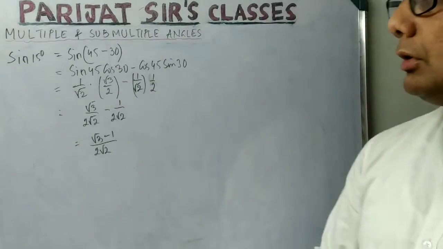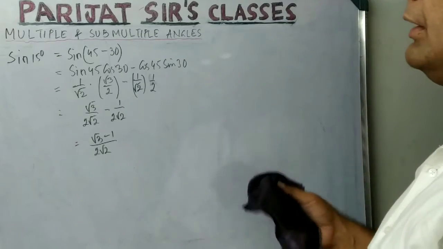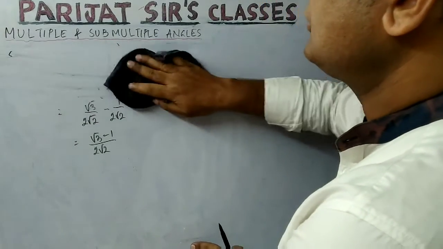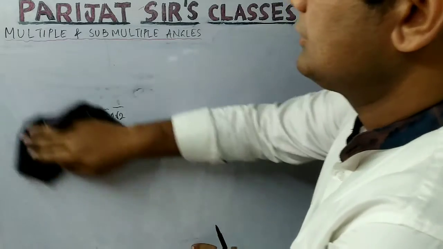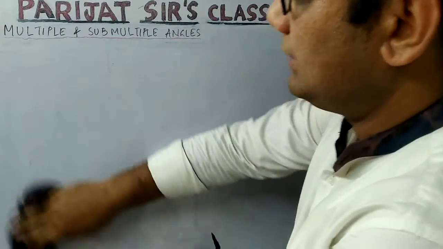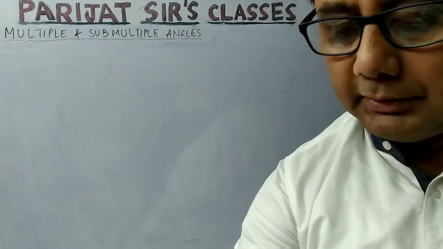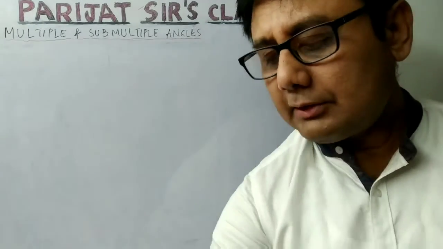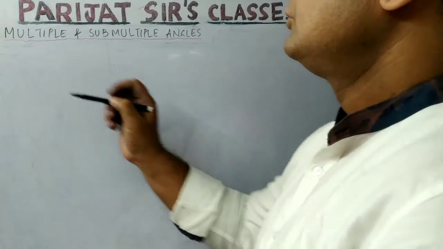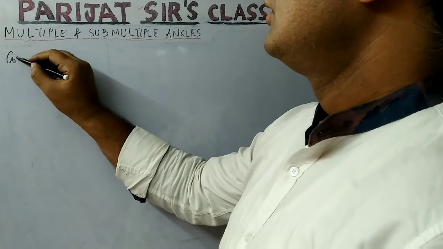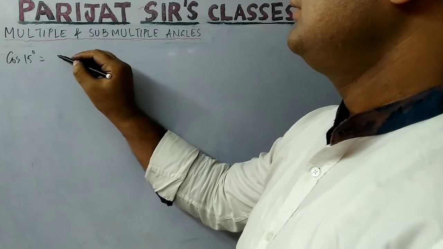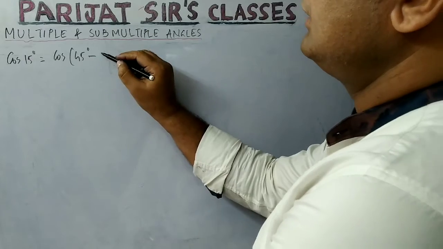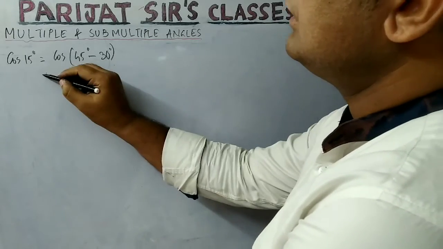Okay. So after sine 15 degree, let us see how to find cos 15 degree. It is the same way, you just have to know the formulas. So cos 15 degree, again we can do cos of 45 degree minus 30 degree.